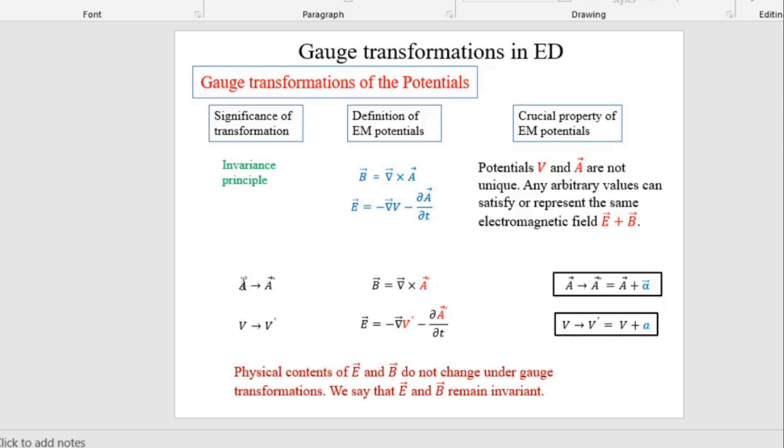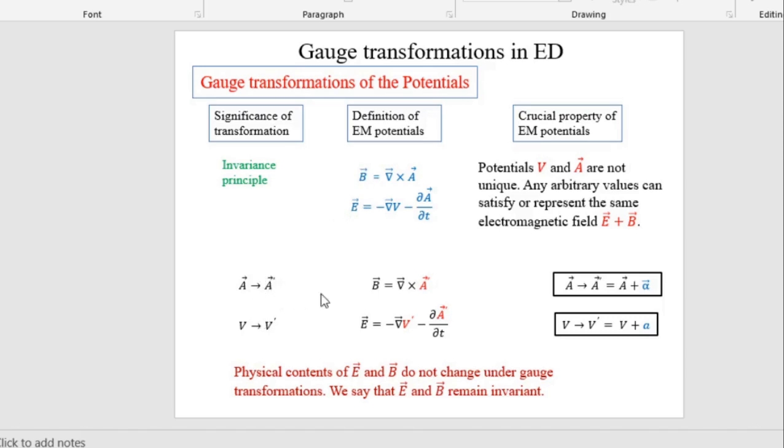Since the potentials in these expressions are not unique, as we have learned from the study of this crucial property, the same electromagnetic field E and B we can also express in terms of these new potentials.